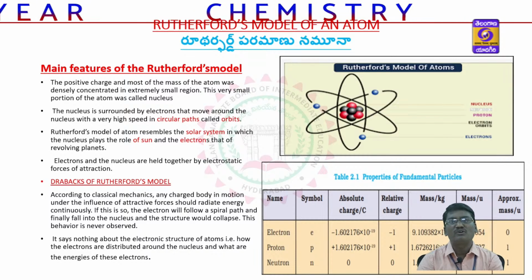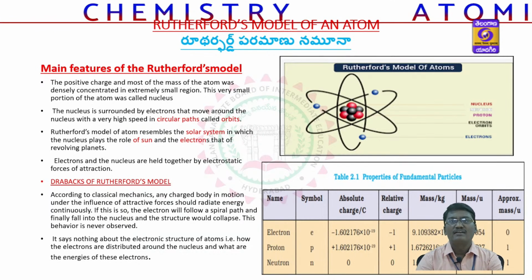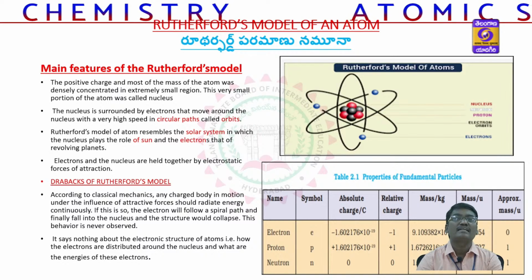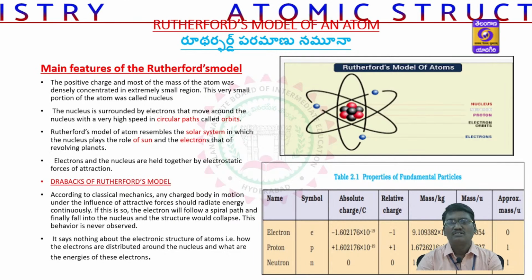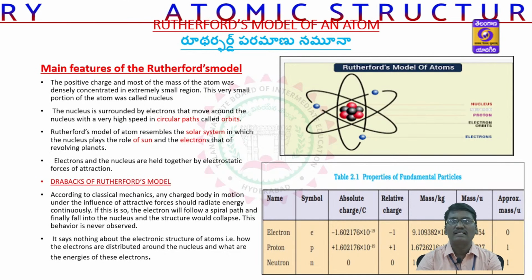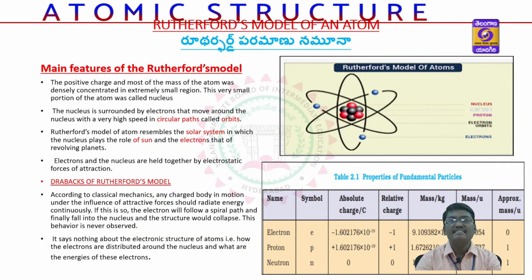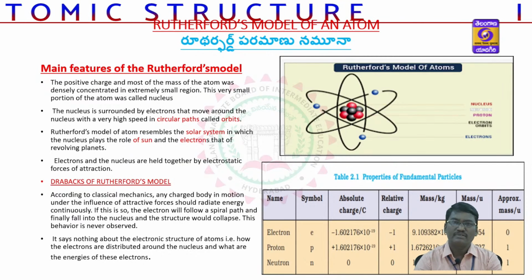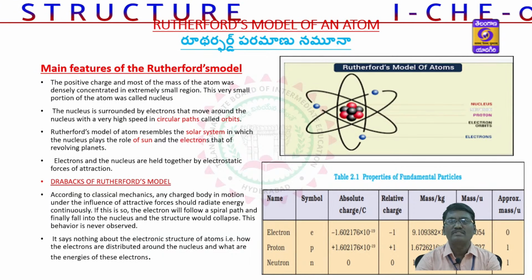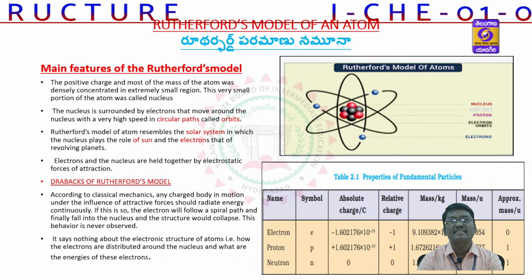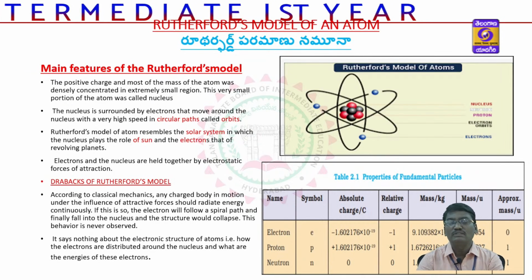Whereas this Rutherford model of atom is accepted, it also has some drawbacks, which Rutherford was unable to explain or prove. So what are the drawbacks of this Rutherford model? According to classical mechanics, any charged body in motion, under the influence of attractive forces, should radiate energy continuously, means it has to lose energy.